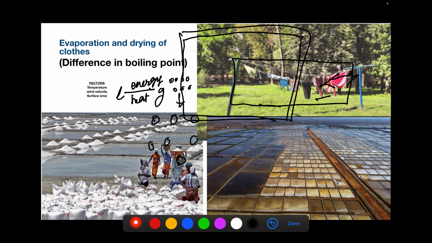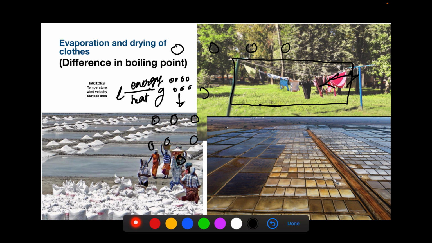Why? We had discussed in the last lecture that there is a certain carrying capacity of air molecules. When it's a windy day, and the humidity is less, humidity meaning the water content of the air is less, the carrying capacity is more.